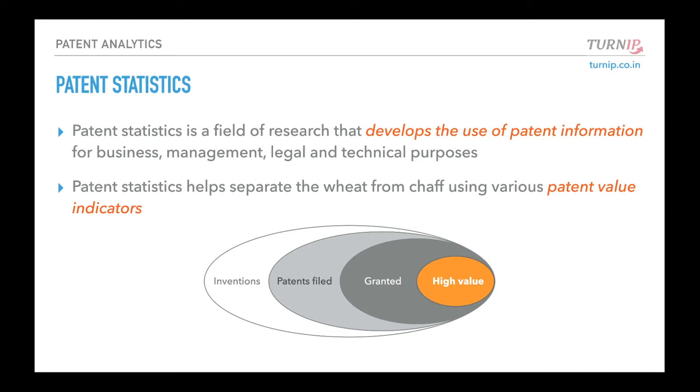So it can also help. This is where the task of a patent analyst comes, this is where the task of a business analyst comes, which is basically to separate the wheat from the chaff. You can see in this picture that there are a lot of inventions out there, but not all of them actually lead to patents. There's a lot of patents filed, but only about 60% are granted.